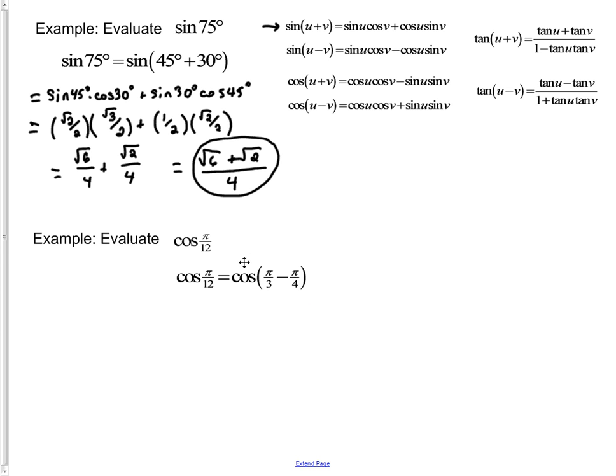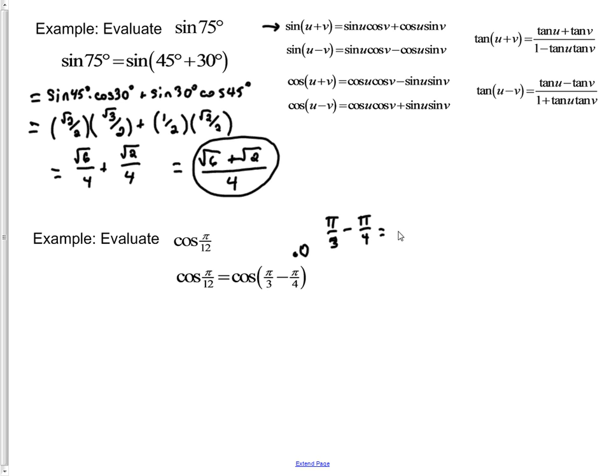Now, I recognize that people do sometimes have a little bit of difficulty visualizing this sort of thing. So let me rewrite it for you just to show you what pi over 3 minus pi over 4 will do. Because we have fractions, we would have to subtract over a common denominator. And in this case, the common denominator of pi over 3 and pi over 4 is 12.